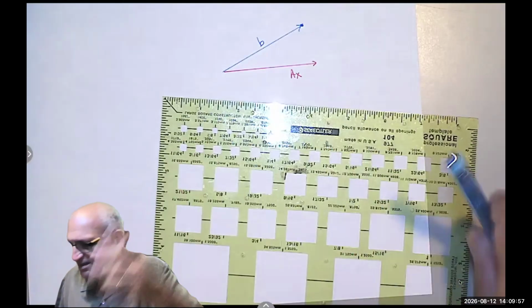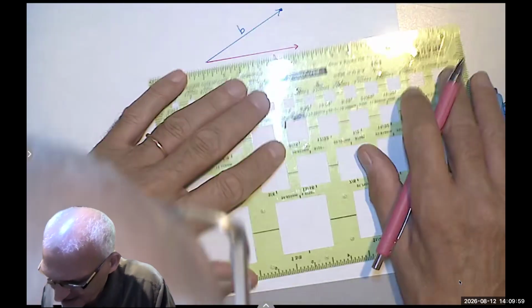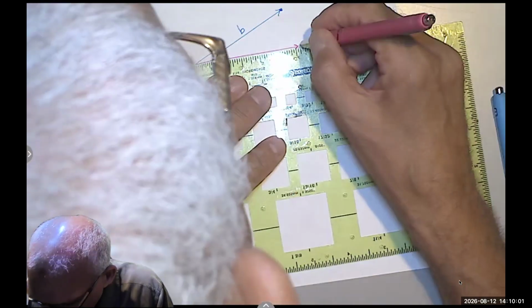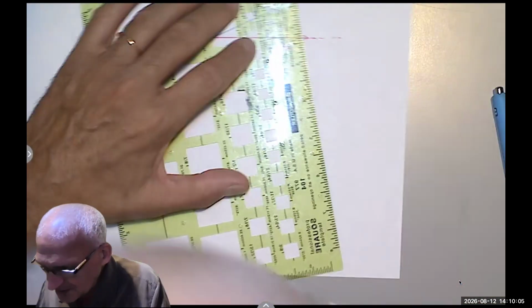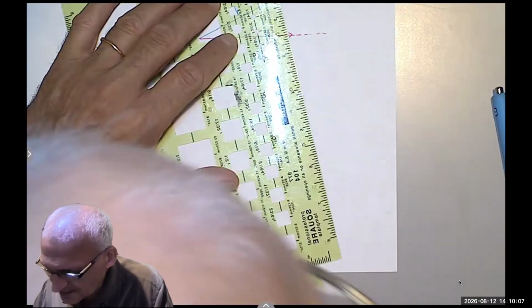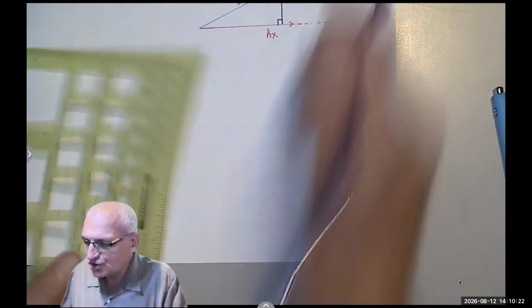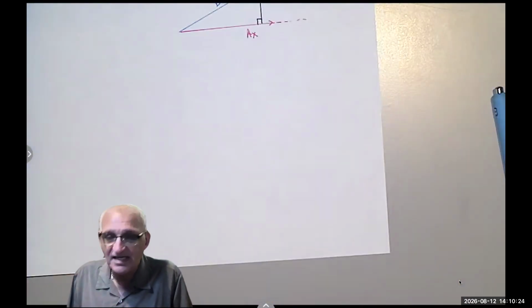Everybody said it in one voice. It is the perpendicular distance, right? So if I draw this line perpendicular to it, I have minimized the error.